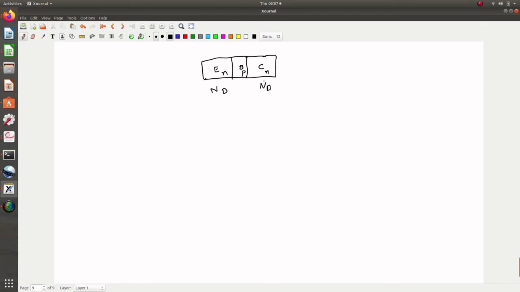But the doping at emitter and the collector can be of a different concentration. So we will say the doping at emitter as NED and here NCD. For the base, in order to make it P-type, we have acceptor impurities. Following the same nomenclature, we will have NBA.